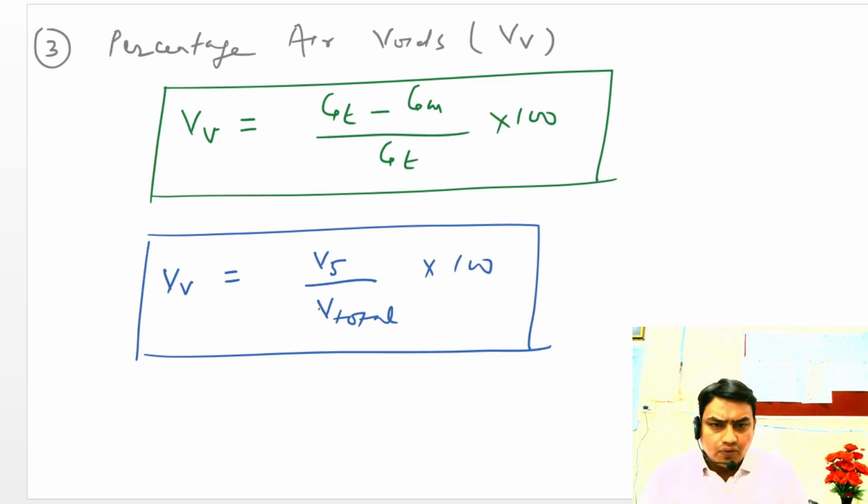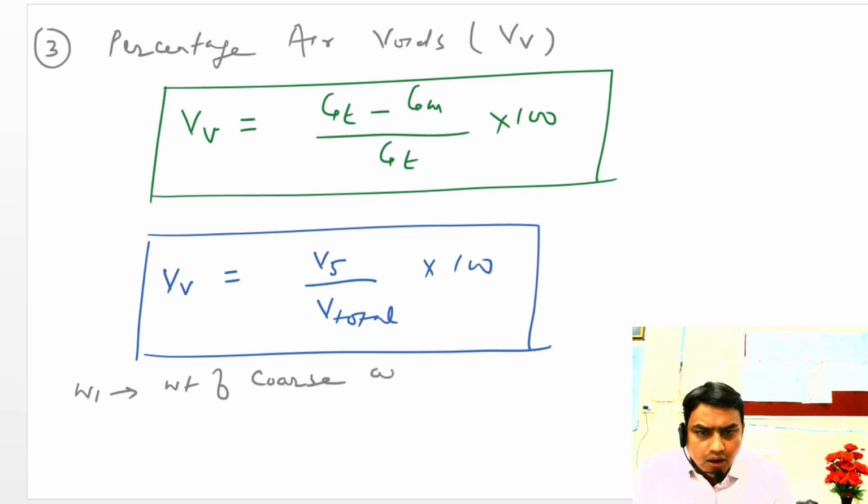Similarly, W1 is the weight of coarse aggregate in the total mix, W2 is the weight of fine aggregate in the total mix, W3 is the weight of filler in the mix, and W4 is the weight of bitumen in the mix. So here we can write W1 is the weight of coarse aggregate in the total mix.